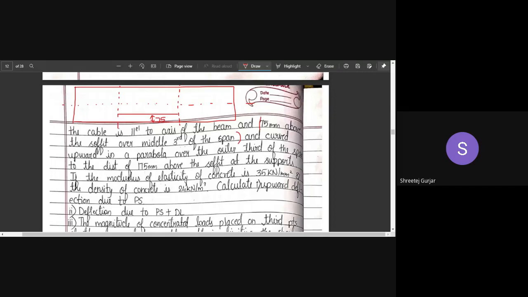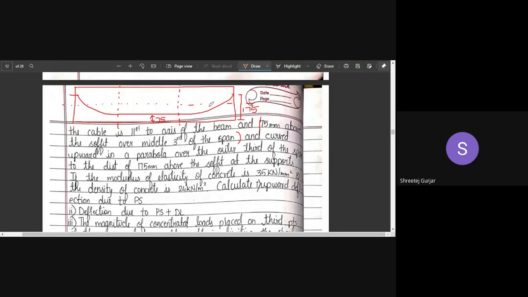The remaining part is curved in the form of a parabola, curved upward over the outer third of the span to a distance of 175 mm above the soffit. It is a curved parabola going from the soffit of the beam up to this section, which is 175 mm above the soffit. So you have to join it in a curved fashion. It is a parabola. Similarly for the other side.